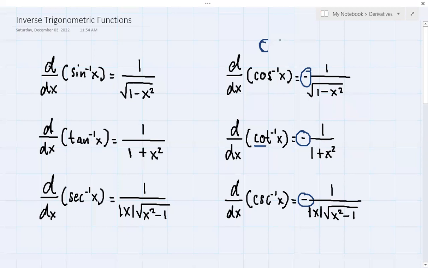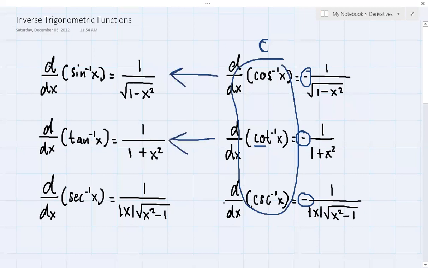So basta kapag may nakita kang ganito, okay, tingnan mo yung kapartner nila. Okay? Then, after take a look at yung kapartner nila, tingnan mo kung ito yung naka-letter C. Kasi kung yan naka-letter C, ibig sabihin nun, negative yung gagamitin mo. Alright?